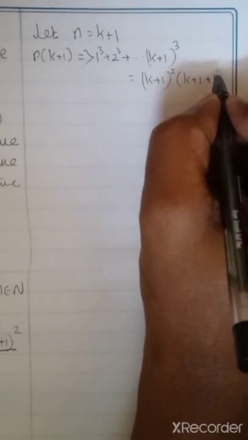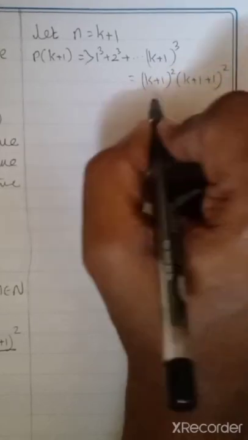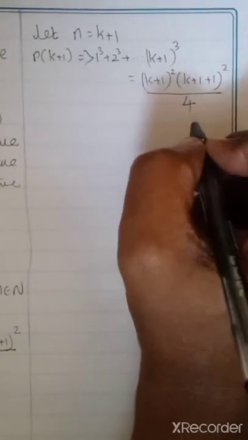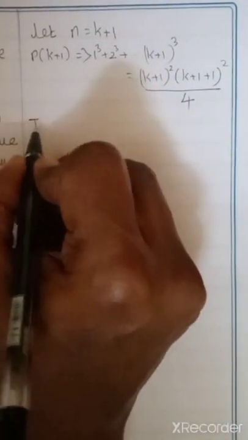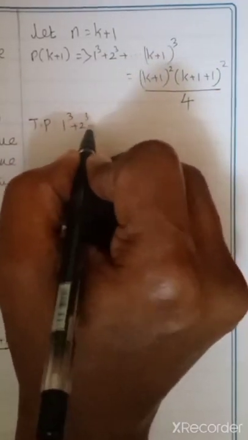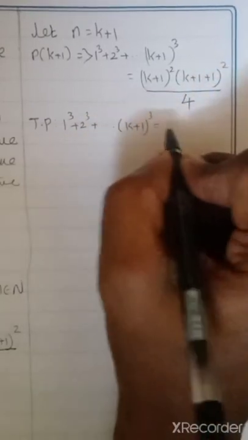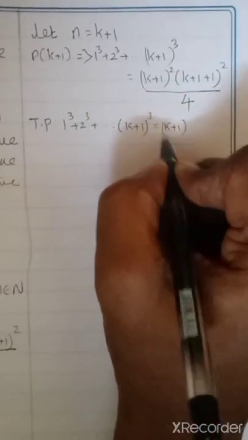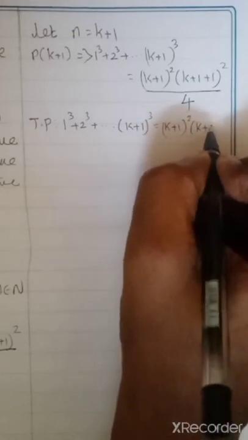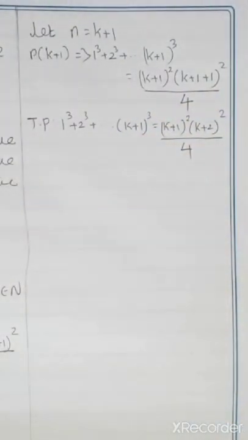So k plus 1 the whole square divided by 4. Correct? That is, we want to prove that 1 cube, 2 cube, etc. k plus 1 the whole cube equal to k plus 1 the whole square, k plus 2 the whole square divided by 4. Is that clear?